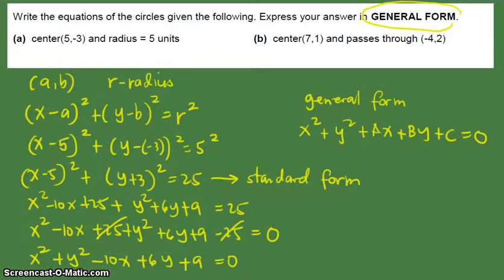So as you can see, you have the x² + y² + ax + by + c = 0 format. So this is already in general form, the general form of the equation given that the center is (5, -3) and the radius is equal to 5. Okay?